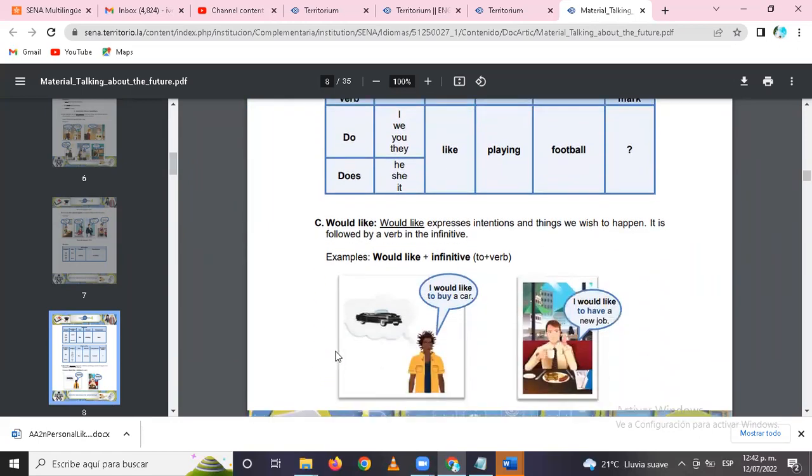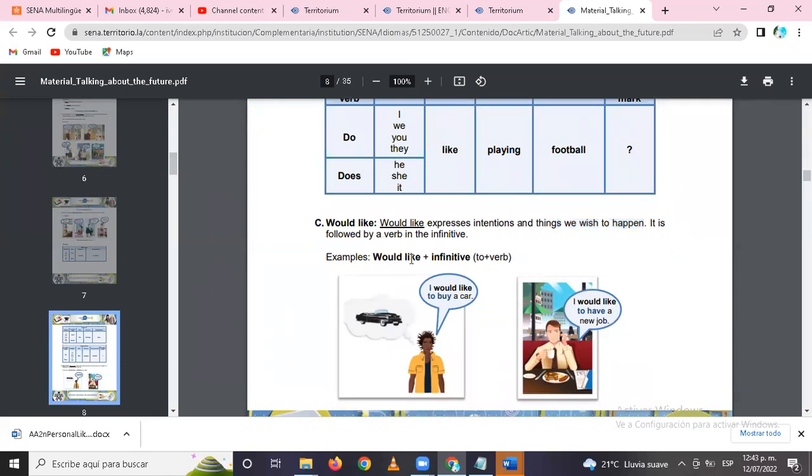A little bit different with would like. Would like has a meaning about a projection in the future. Would like expresses intentions and things we wish to happen. So that's something I want for my future.